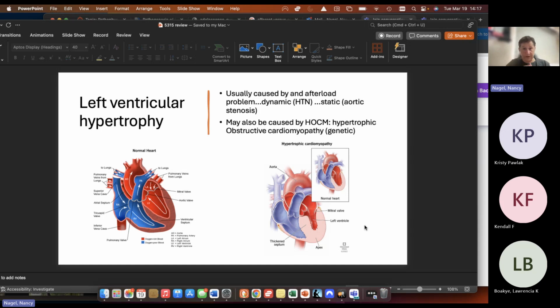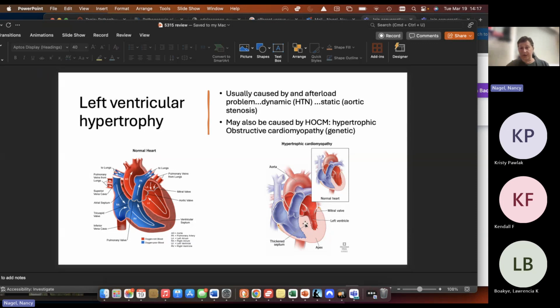HOCM, as we call it, hypertrophic obstructive cardiomyopathy, is a genetic disorder. And what happens is the muscle fills in on both sides. It's not necessarily related to a valve problem like the aortic stenosis. It's not necessarily related to a high blood pressure problem because of the afterload situation.